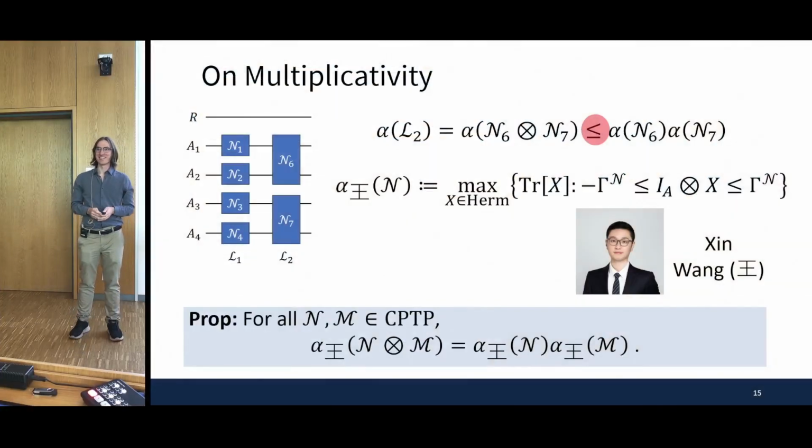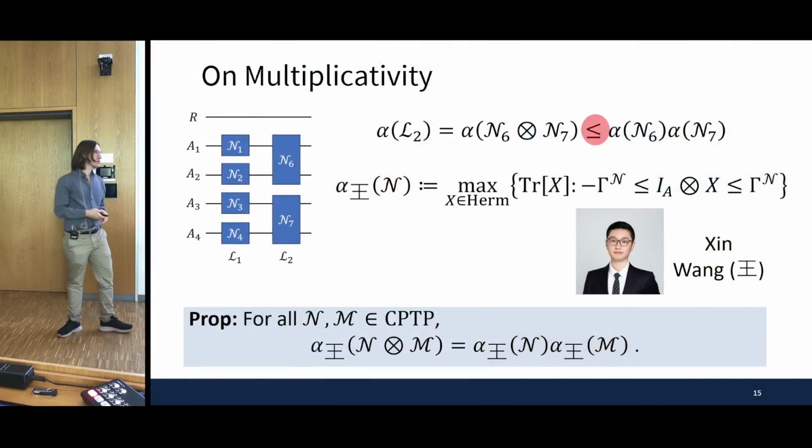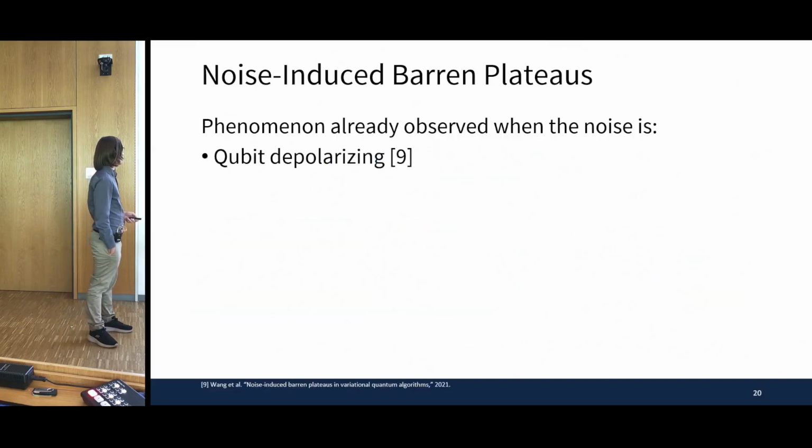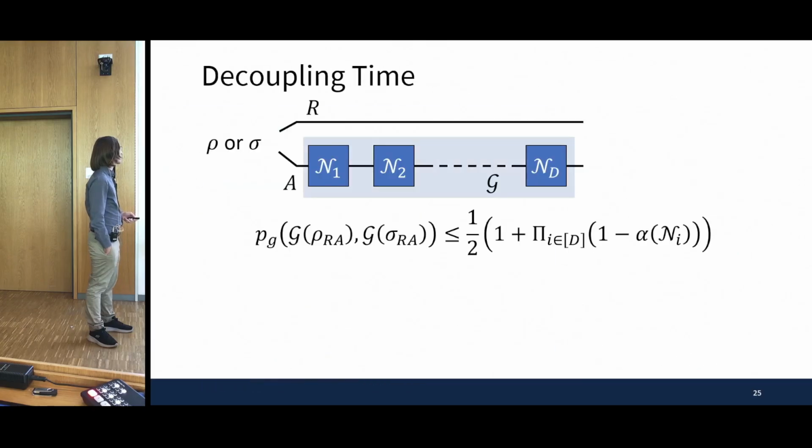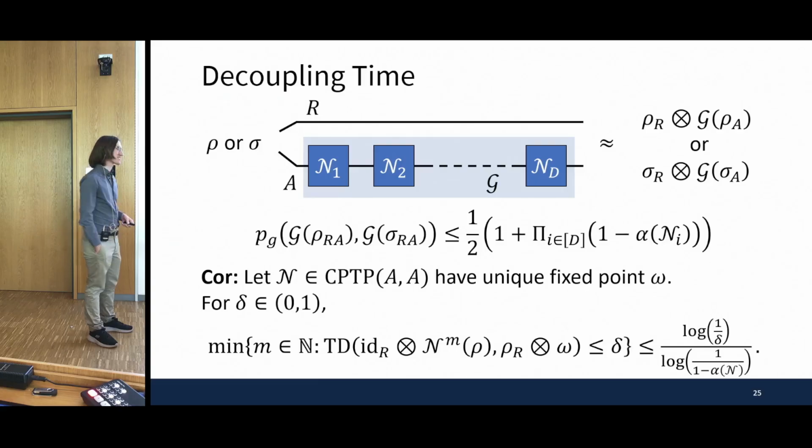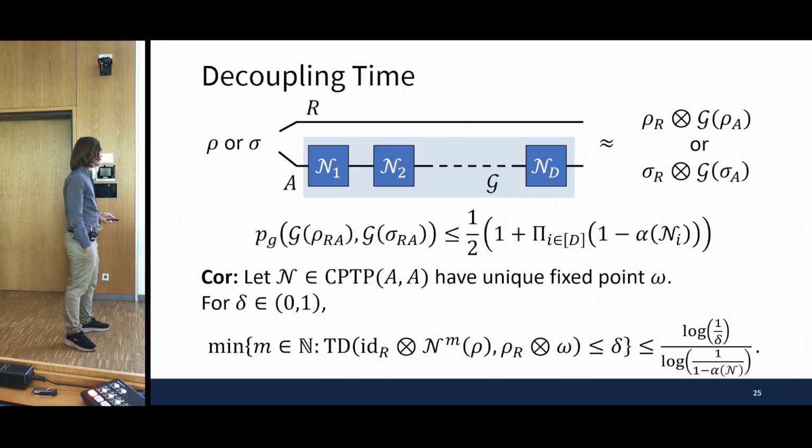Yes, absolutely. I hadn't thought about that, but that should make sense because we know the zero error capacity relates to the contraction coefficient of trace distance in the classical setting.